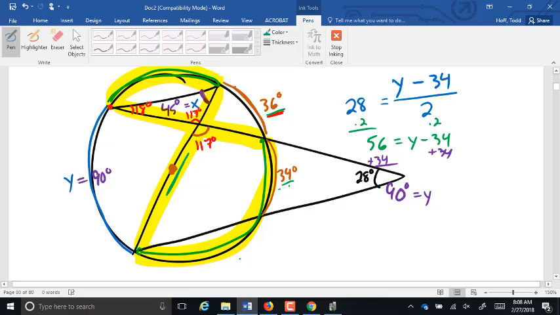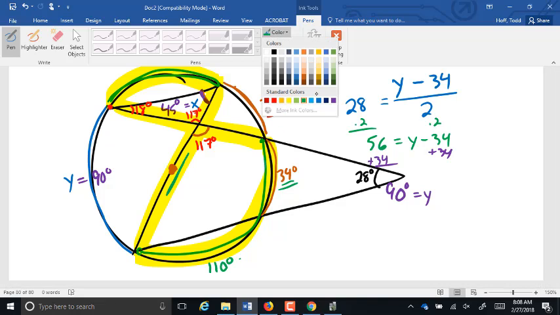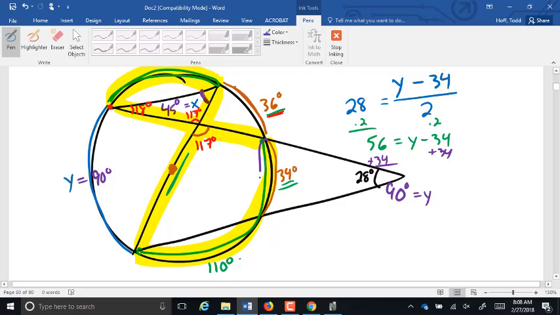I know that these arcs have to add up to half a circle, or 180. So 36 and 34 make 70. This has to be 110 degrees. If that's 110 degrees, that makes this whole arc from here to here 144 degrees.